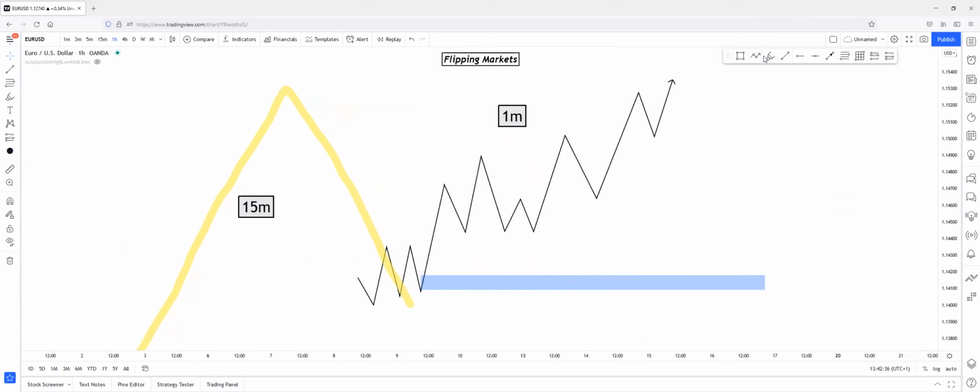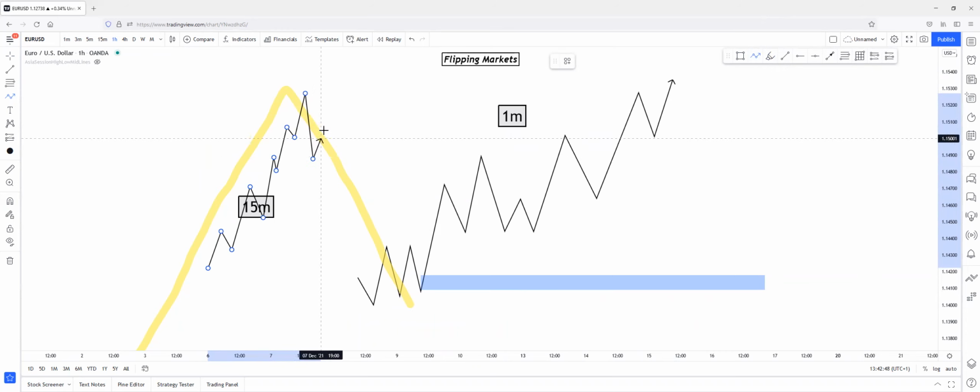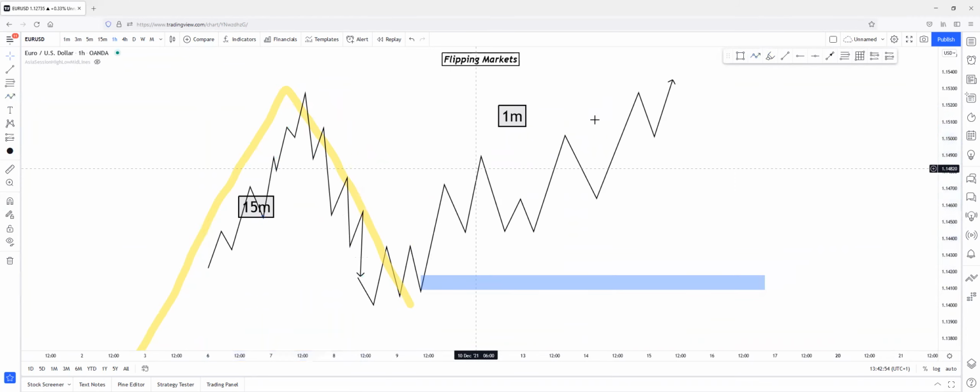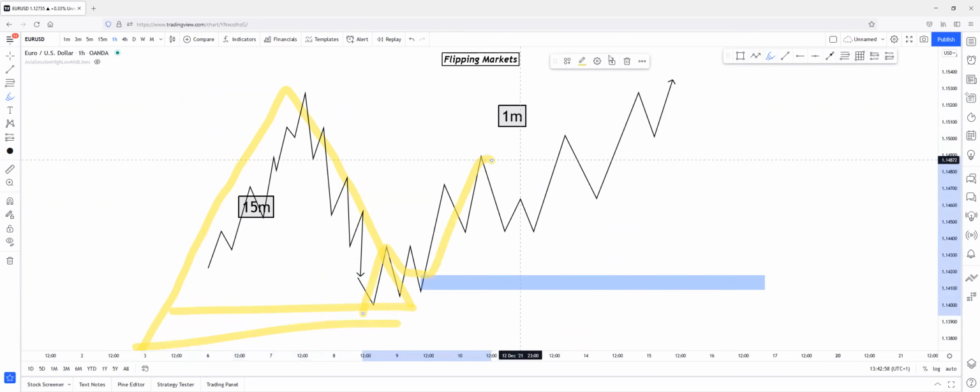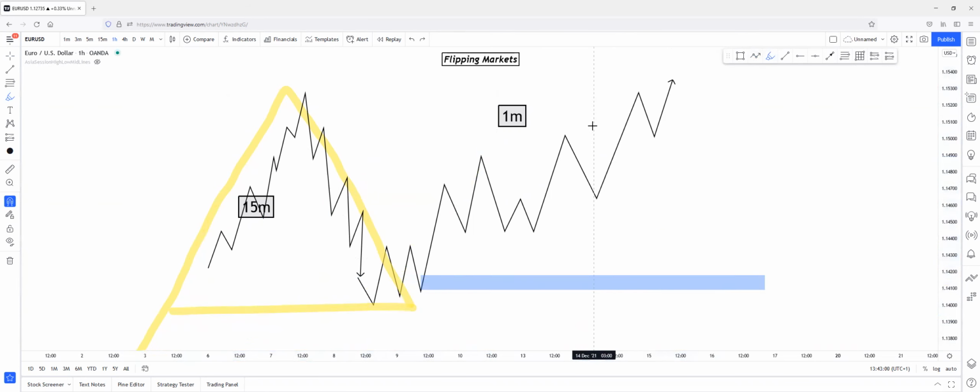Okay, so on the 1-minute, let's say price moved like this in this region, creating series of higher highs and higher lows, reached its high point, and after the high point, it created a change of character to the downside and started to form a series of lower lows and lower highs until it reached some demand point here, and that demand point reversed the price and started to form a new high.